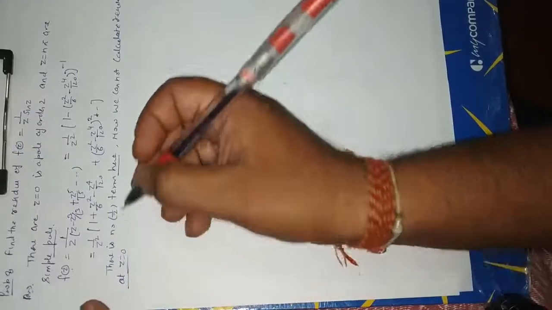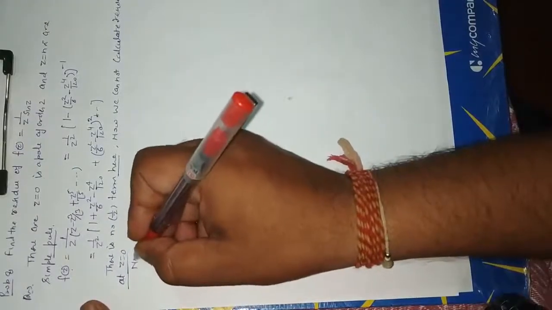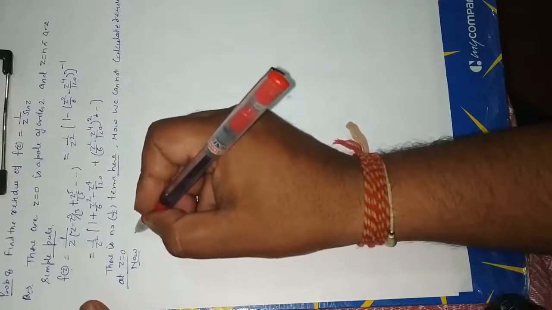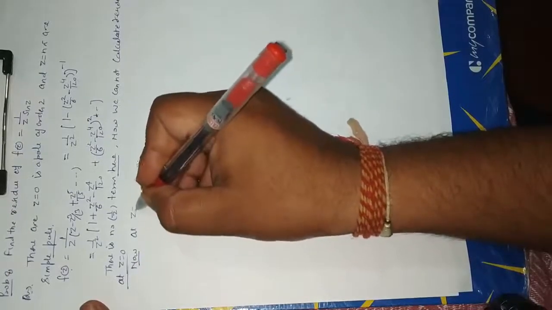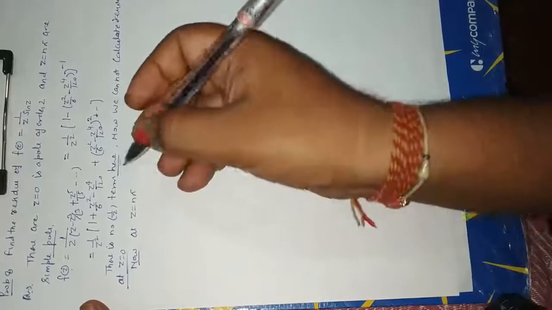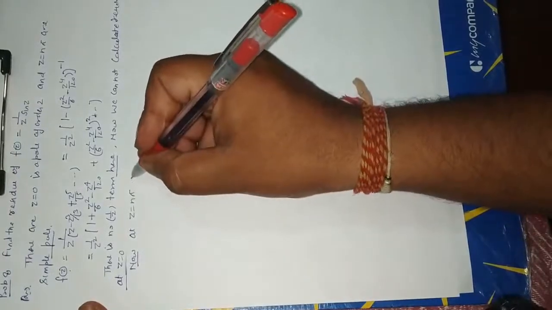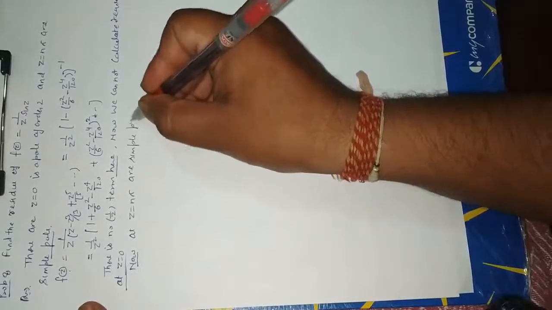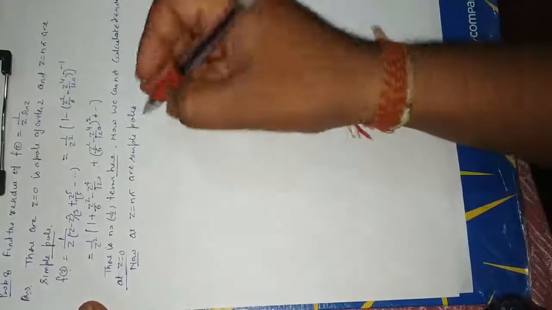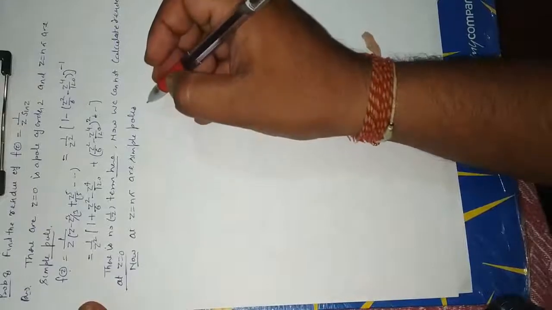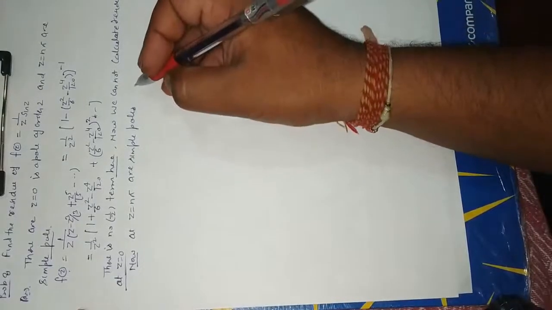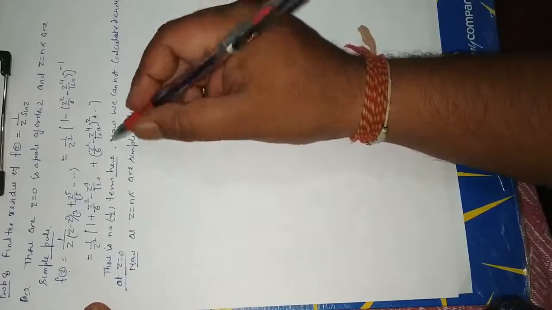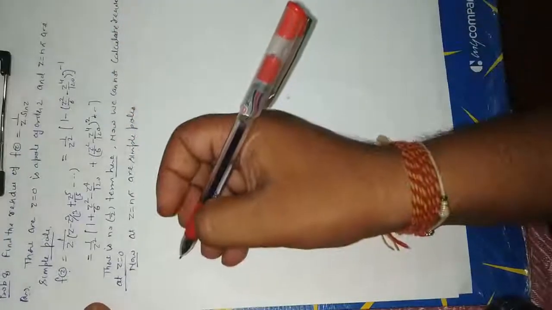Okay. Now at z is equal to n pi are simple poles. We can calculate residue.